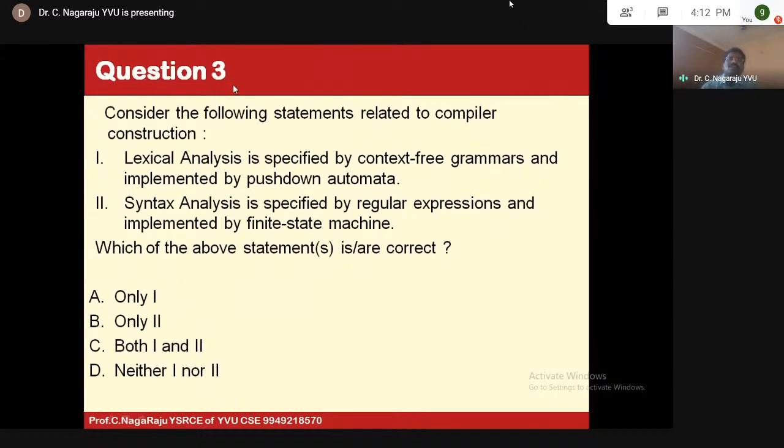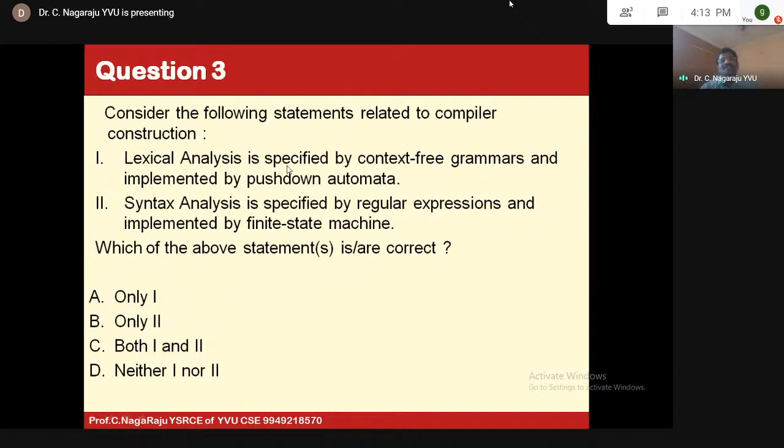So next, question number 3. You see question number 3. Consider the following statements related to compiler construction. Many times I have seen this kind of question in GATE, right? There are two statements given.